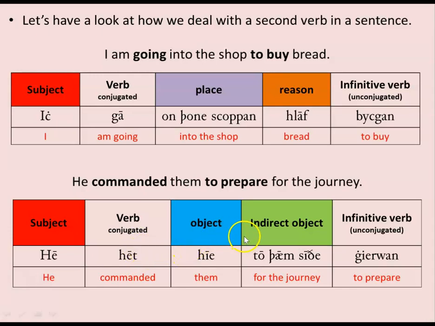And then the indirect object is the journey, the point of that command, and the object is to go on this journey. To is a preposition, the word to in Old English is to, and that requires a dative object. So seeth is journey, seether is the dative form of it.